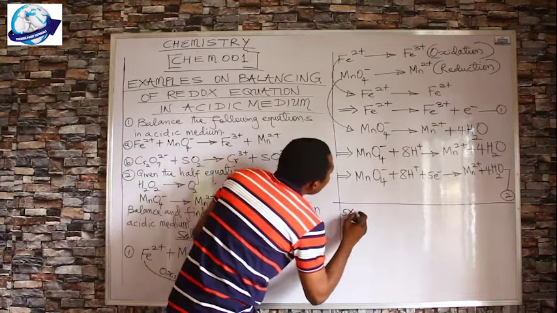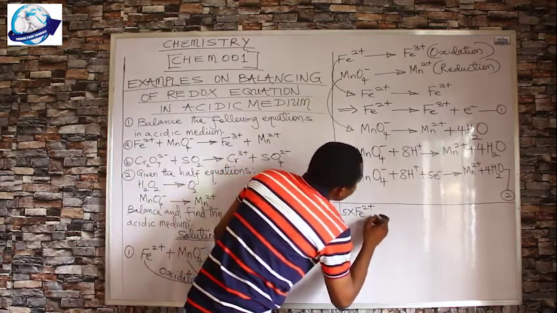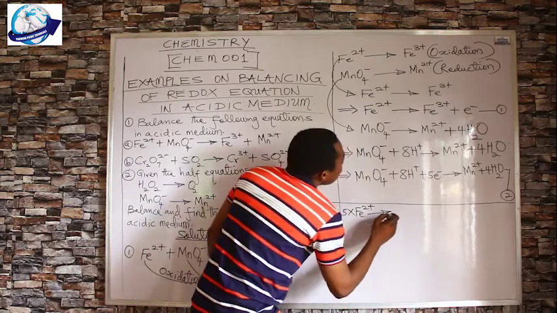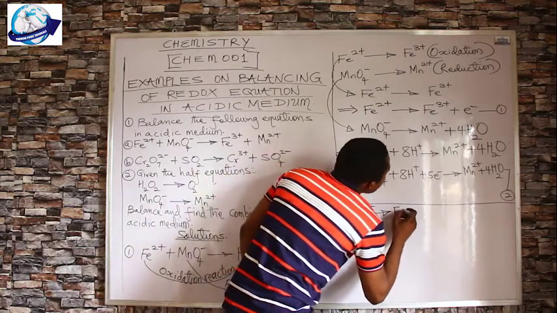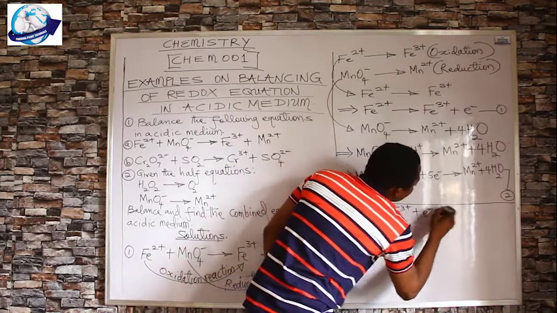5 times Fe2+ yielding Fe3+ plus electron.